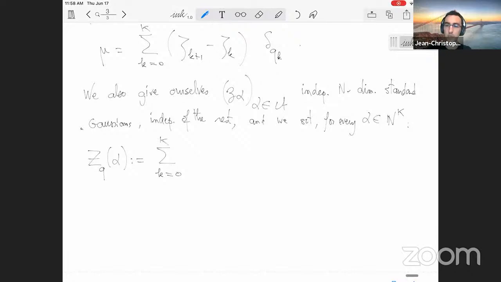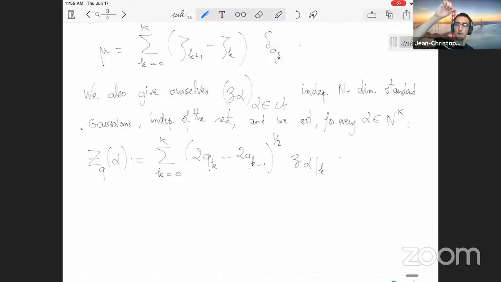Yeah, so I said Q1 is the length we add later, but in fact, Q1 is rather the sum of the two lengths. So let me write the formula. I'm going to write the square root of 2qk minus 2qk minus 1, times z of alpha restricted to k.